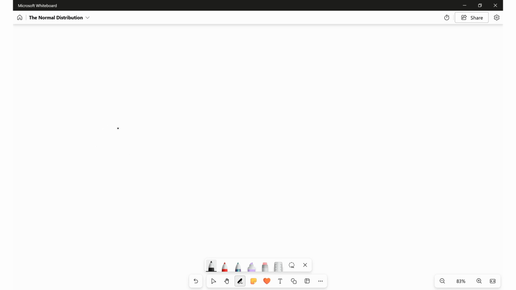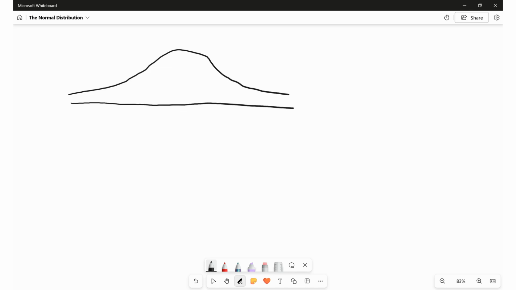So let's assume that we have a normal distribution, and we are told that we have a mean of 10 and a standard deviation of 2.